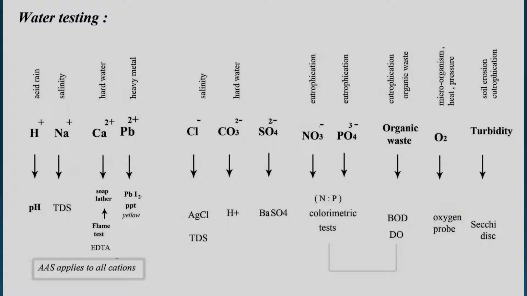Student, so far you've done all the testing. Now let's revise, starting with the positive ions. If the water contains acid, it could be caused by acid rain; you can use the pH indicator.